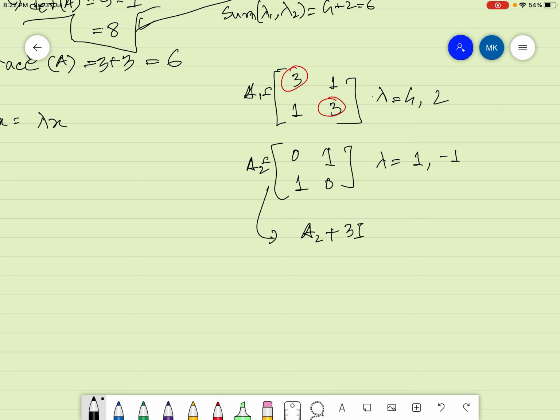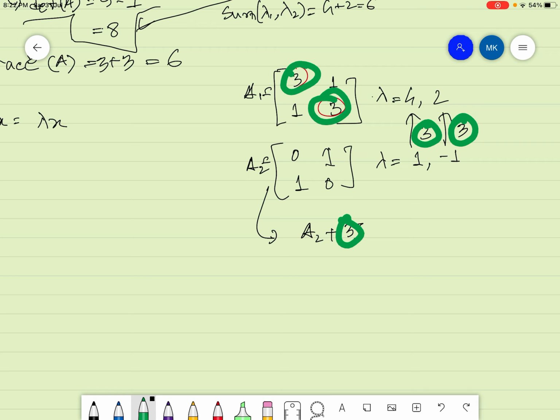And what is the change in the eigenvalues? The eigenvalues also changed by 3. So do you find the coincidence here? Not a coincidence, but the mathematical logic that is at work here. So all these are correlated, right?